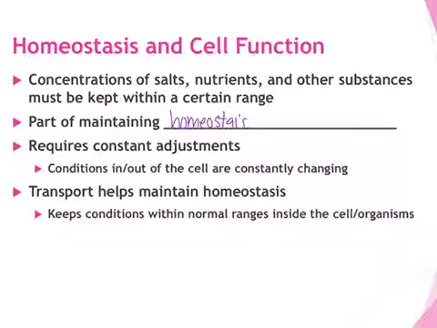So this requires constant adjustments of taking in salts, releasing salts, taking in nutrients, getting rid of wastes, because all of the conditions in a cell are constantly changing. So the ability to move substances into and out of the cell helps a cell maintain homeostasis. It keeps the conditions within normal ranges within the cell and the living organisms.